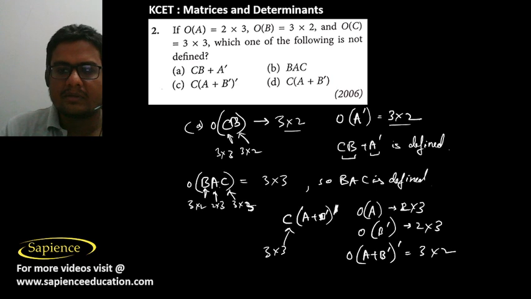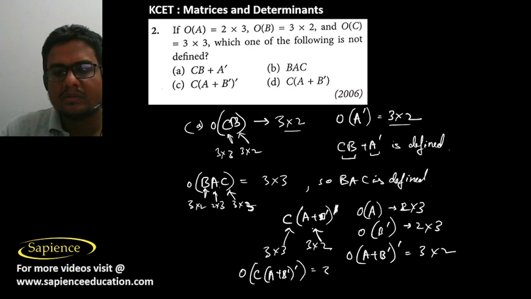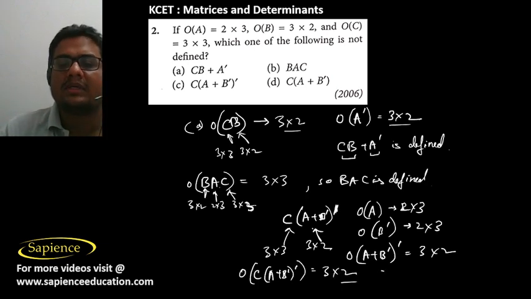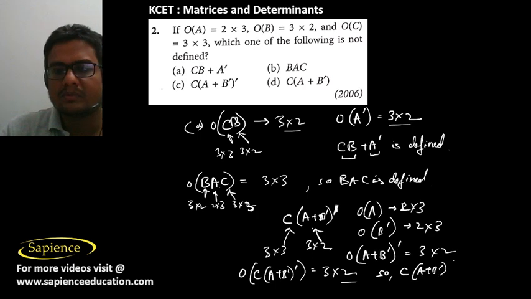So it means that matrix C can be multiplied with (A plus B transpose) whole transpose, since it will be of the order 3 cross 2. So the order of the matrix C into (A plus B transpose) whole transpose is 3 cross 2. So that is defined.